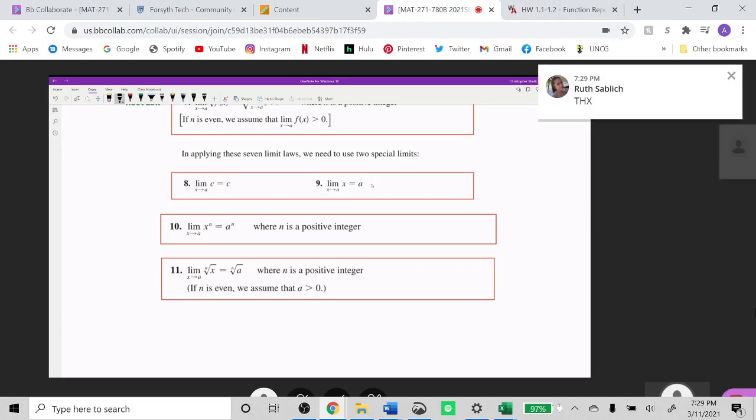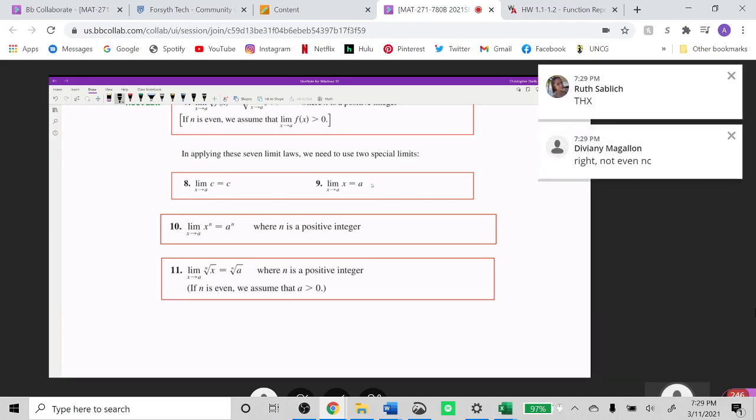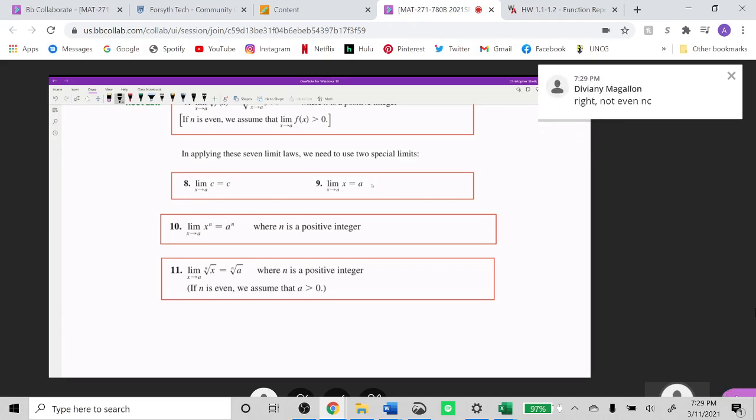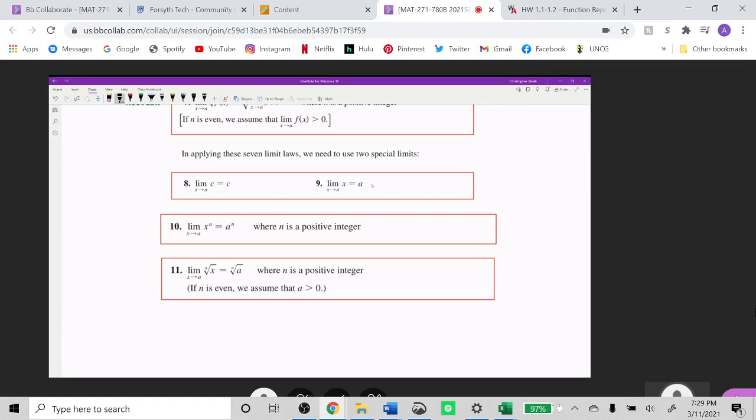The idea of a limit is just, as your x values get really, really close to some number, your y values are getting really, really close to some number in response, essentially. That's the idea of a limit. Does that make sense?